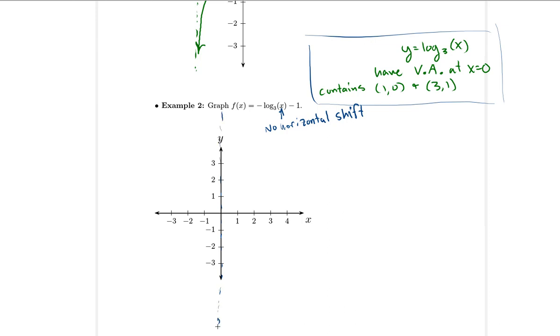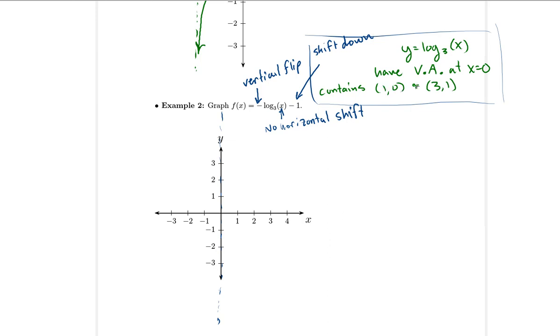It's still right here at x equals 0. All right, but what do we have here? If this negative's out in front, this is going to be a vertical flip. And with this -1, that's going to be a shift down. All right. So what does that mean for us?